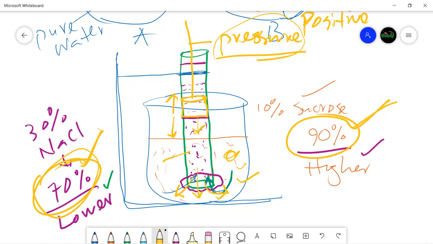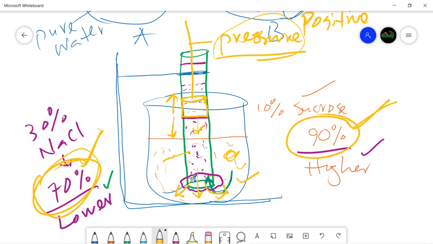So we have solution in both, but those solutions have different chemical potential or different concentration of the solute. So initially, since the chemical potential inside the beaker is greater as compared to the tube, water will cross the semi-permeable membrane and enter the tube, and the solution level will rise inside the tube.